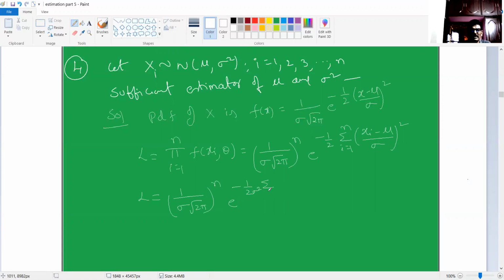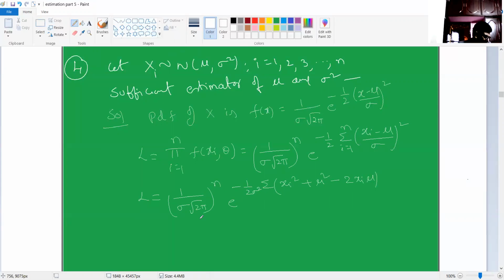Sigma square is the known case here; the unknown case is taken outside. Summation of (xi square + mu square - 2 xi mu).